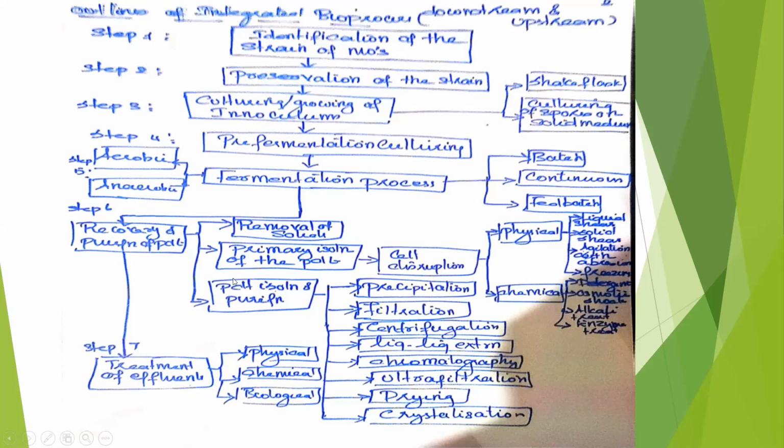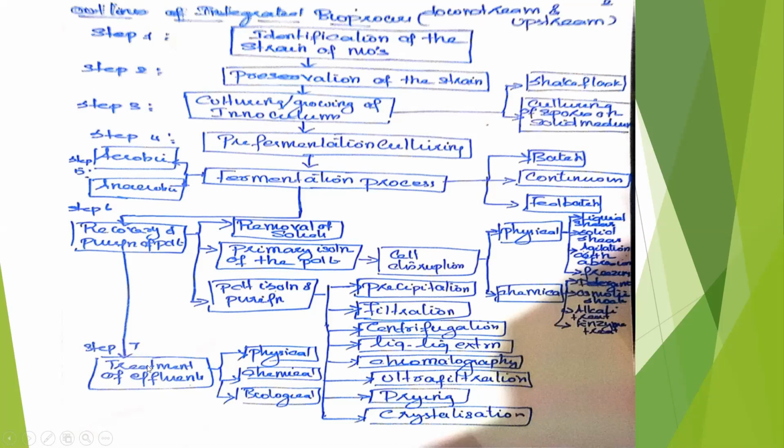Once that is done, we go for product isolation and purification. Depending upon the products, different methods will be used: filtration, centrifugation, liquid extraction, chromatography, ultrafiltration, drying, and crystallization.